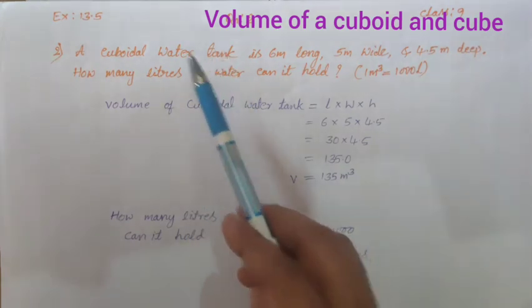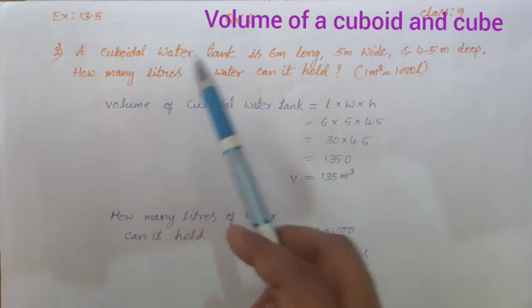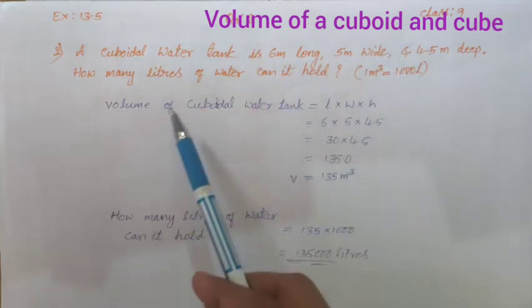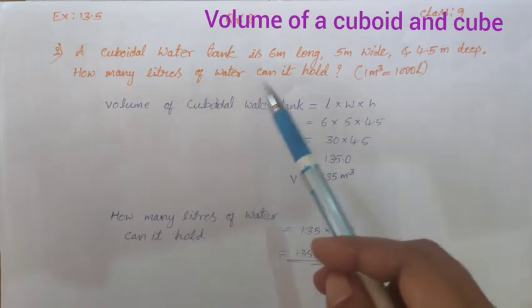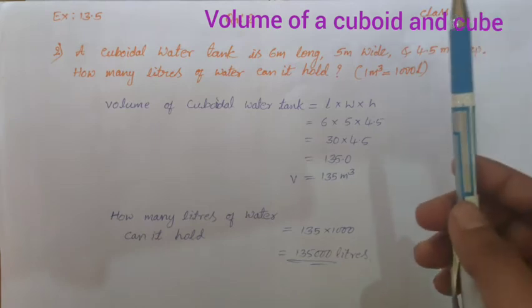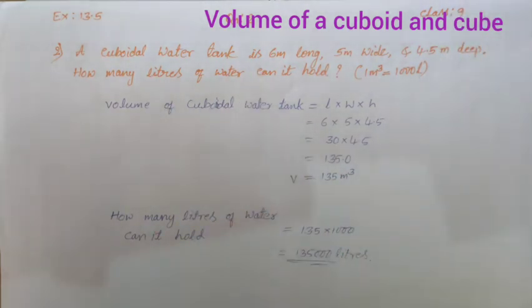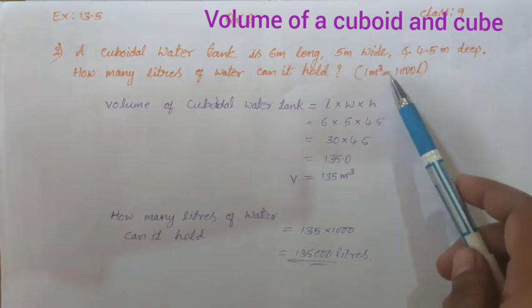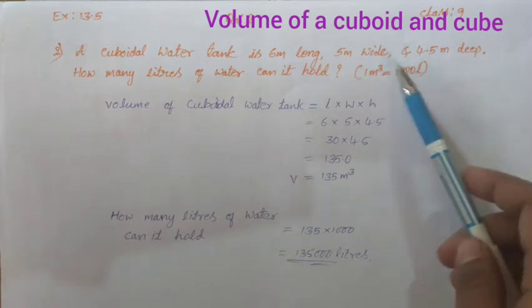The water tank is cuboidal in shape. Its length, width and height are given. How much water can this tank hold? Here 1 meter cube equal to 1000 liters is given.